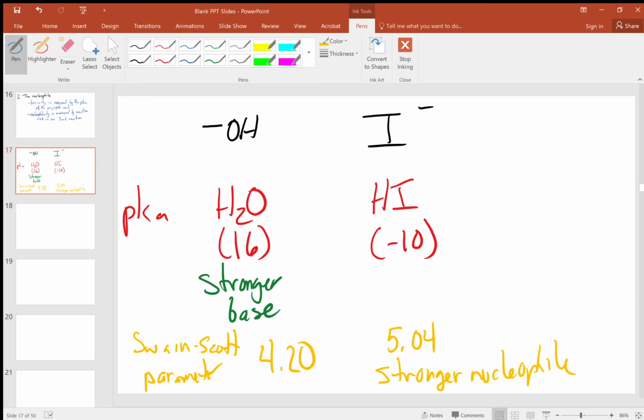So both of these compounds can function as nucleophiles. But the message I want you to take home from this page is that hydroxide is a stronger base when compared to iodide, while iodide is the better nucleophile.